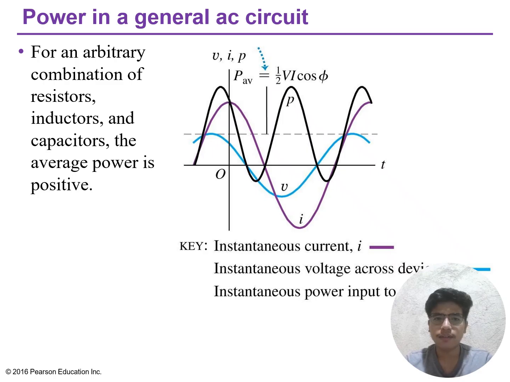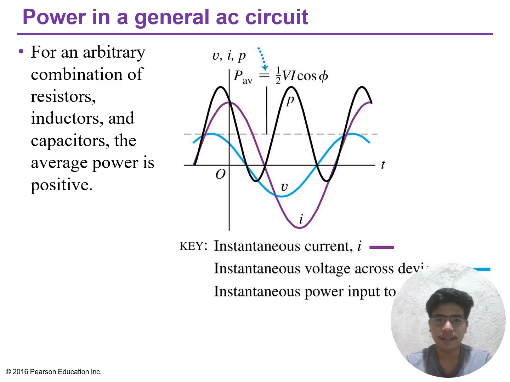The instantaneous power is equal to V(t) times I(t), but has positive average power, equal to P average equals one half V naught I naught cosine phi.